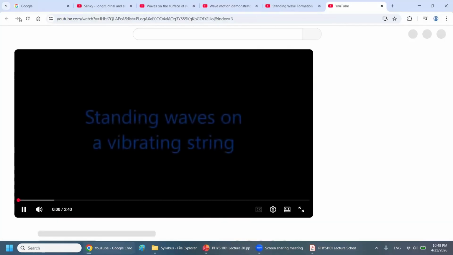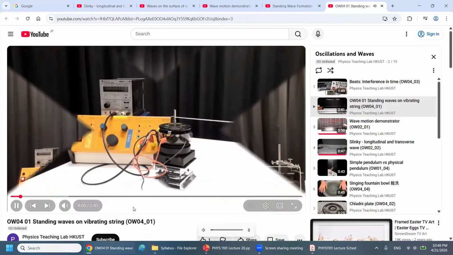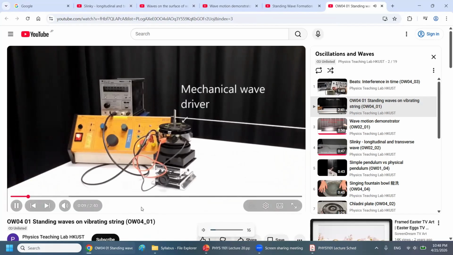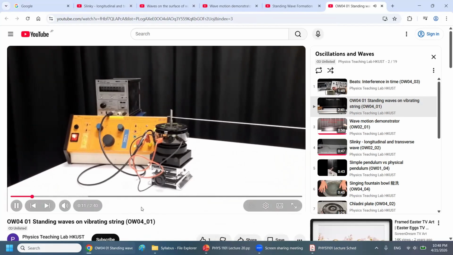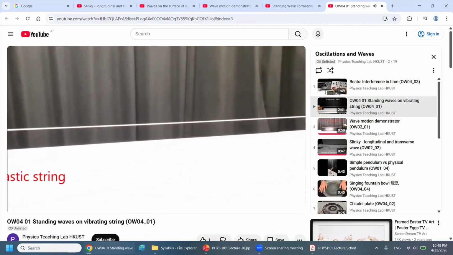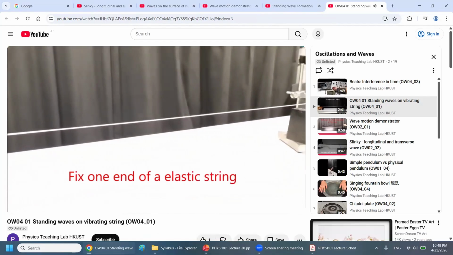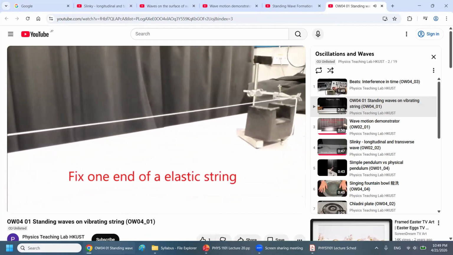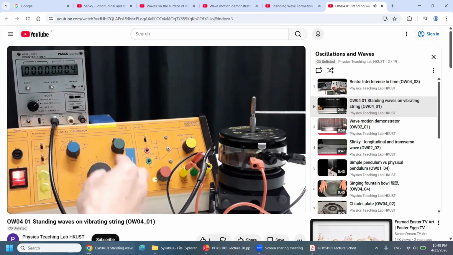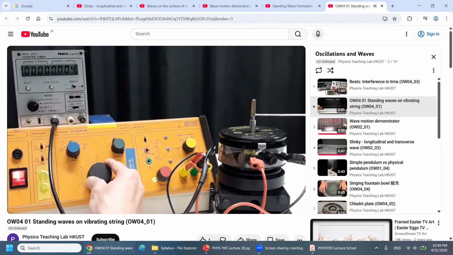So we have a string, and we're actually showing you the standing waves. This is a long string, and the two ends are fixed. Now we try to generate a standing wave inside.